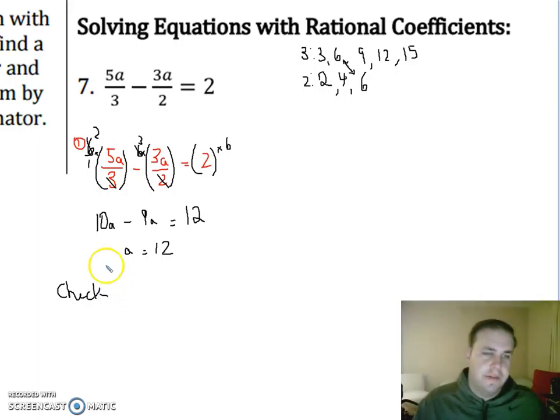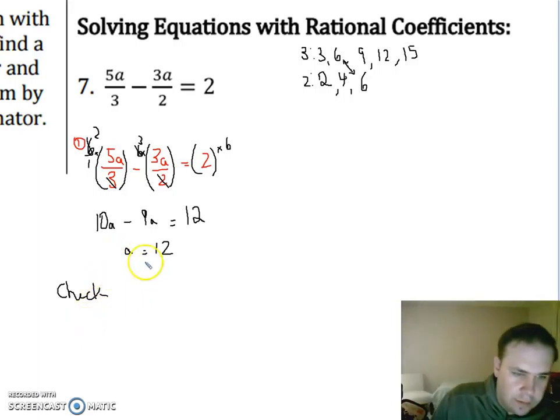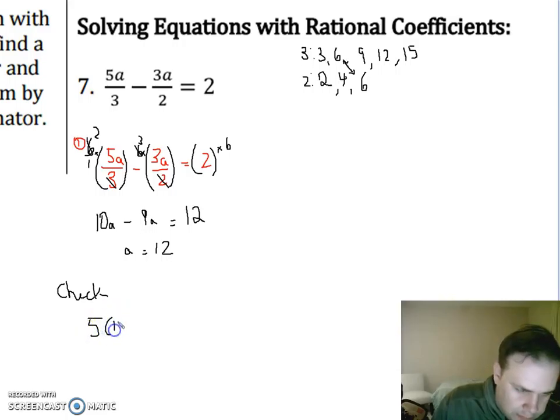Let's just see if this will work. If a is 12, the left-hand side will equal 2. So 5 bracket 12, substituting a as 12, and I can even say let a equal 12.